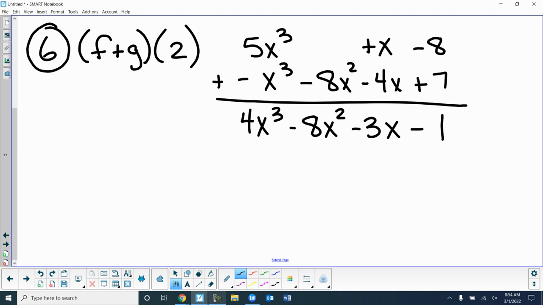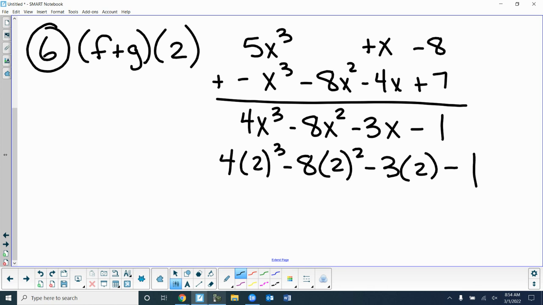Now I'm going to put a 2 wherever there's an x. All right. 2 cubed is 8 times 4 is 32. 2 squared is 4 times negative 8 is negative 32. Negative 3 times 2 is negative 6. And minus 1. Well, these cancel, right? The 32's. Negative 6 minus 1, negative 7.